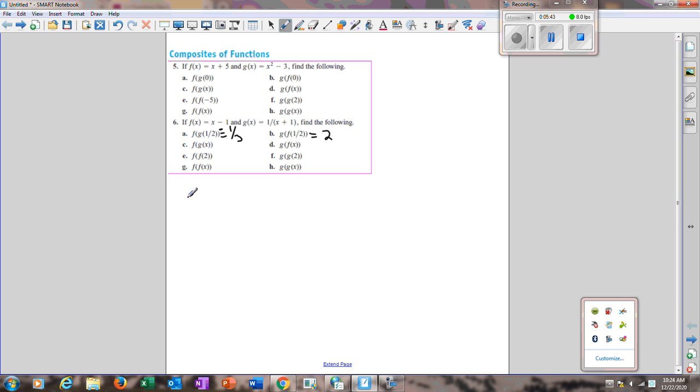Next, I have f of g of x. So that means I'm going to plug the g of x function in everywhere I see an x. So 1 over x plus 1 minus 1. I have to get an x plus 1 on the bottom here in order to actually solve this, which means I have to multiply both the top and the bottom.